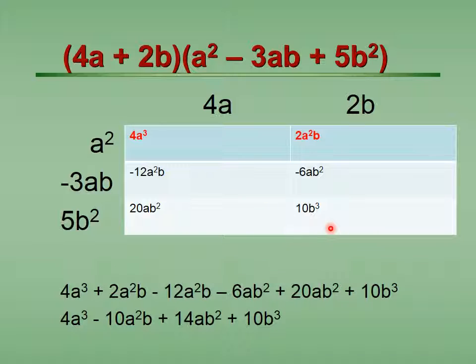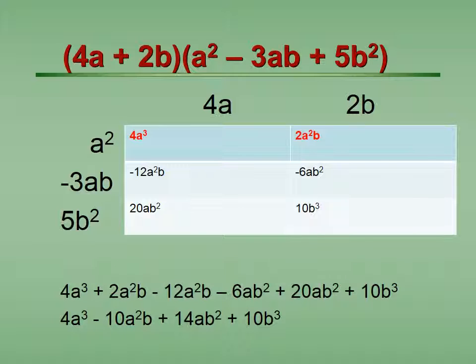So 4a times a squared is 4a cubed. 2b times a squared is 2a squared b. 4a times negative 3ab is negative 12a squared b. Then 2b times negative 3ab is negative 6ab squared. And then 4a times 5b squared is 20ab squared. And then 5b squared times 2b is 10b cubed.